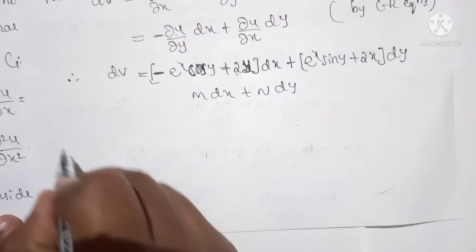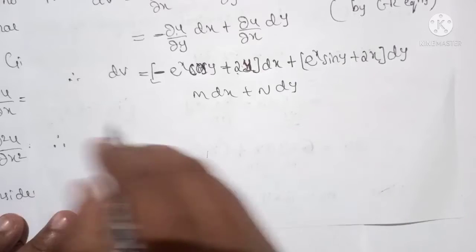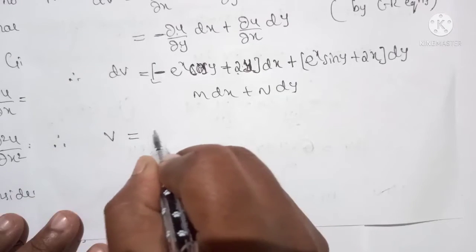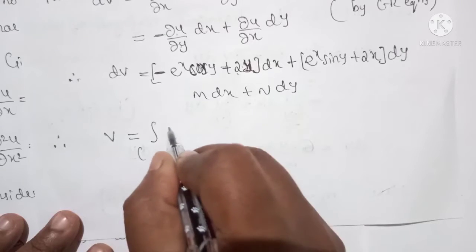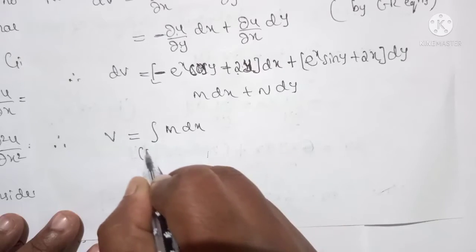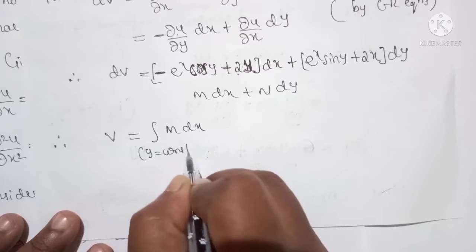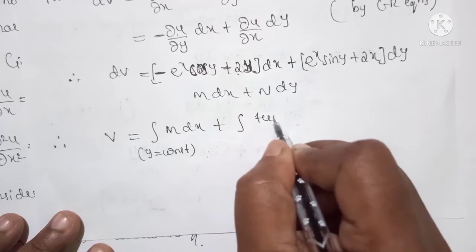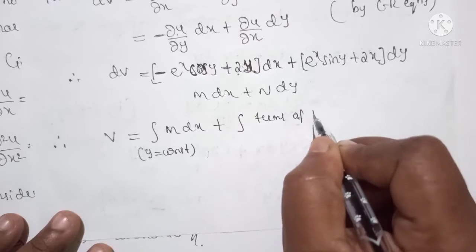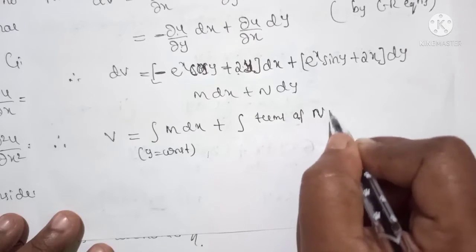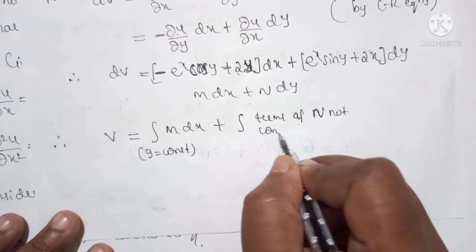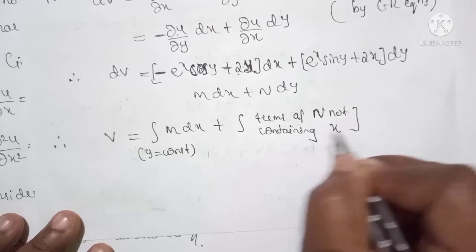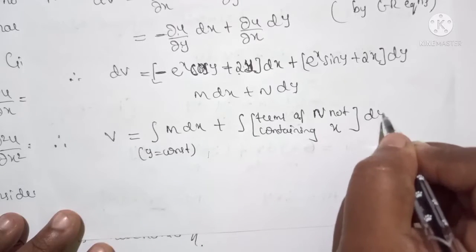So therefore the solution of this exact equation is given by v is equal to integration of M dx treating y constant, plus integration of terms of N not containing x, into dy.